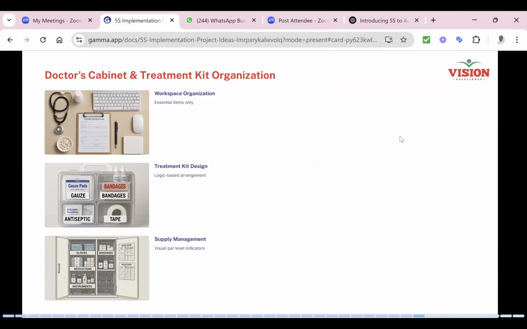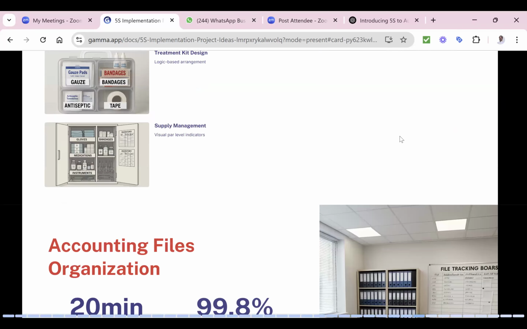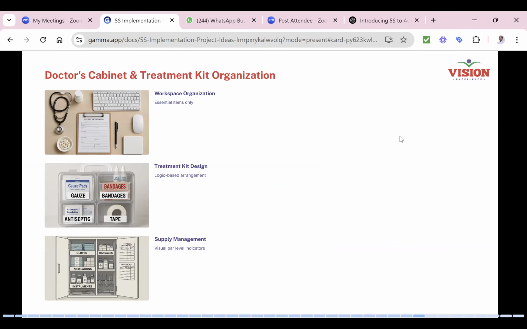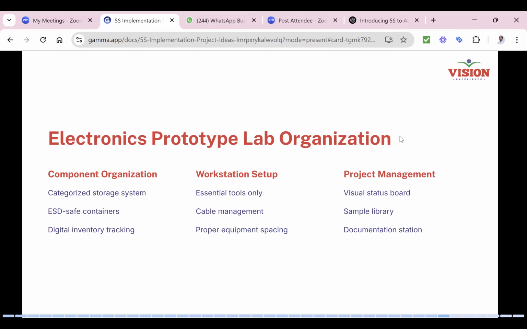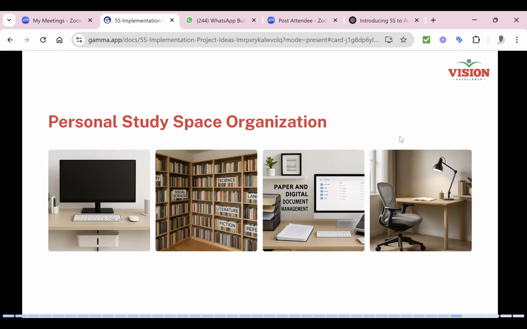These slides help. So this is a doctor's cabinet, and then kit organization, of course particularly for use inside operation theaters or wherever. And similarly, the files organization in accounts department, and the personal study space organization.